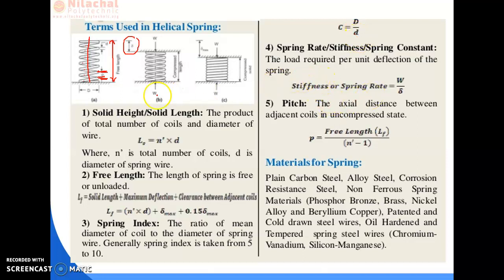Spring rate is the load applied upon the spring over the deformation that takes place, that is W by del. Pitch is found in the uncompressed state, that is the free length condition, and it is free length divided by n dash minus 1.